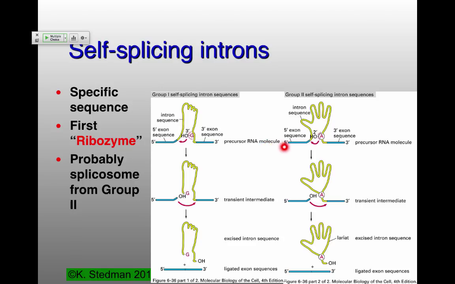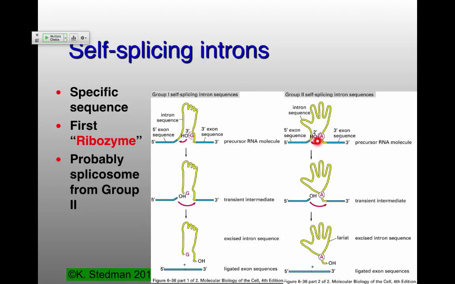Relatively soon thereafter, a different group found these so-called group 2 self-splicing introns. These now function in an extremely similar way to what we now know about the spliceosome.